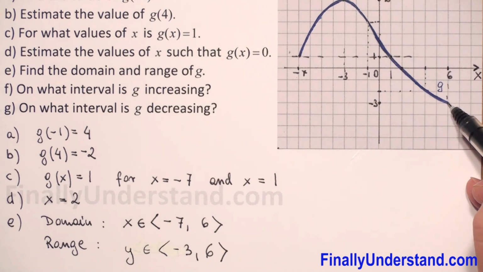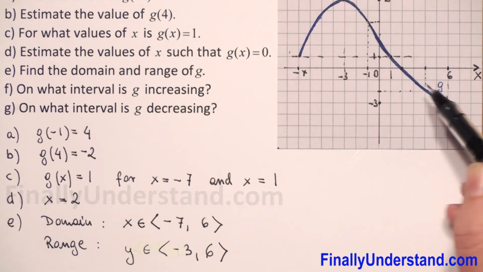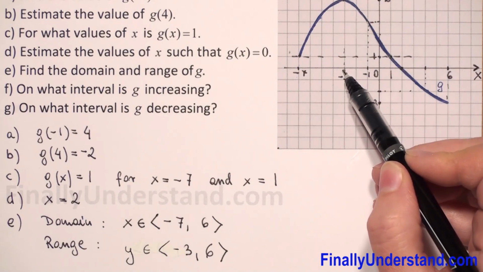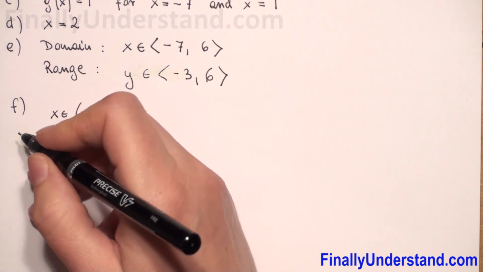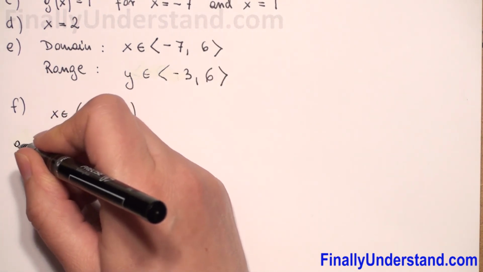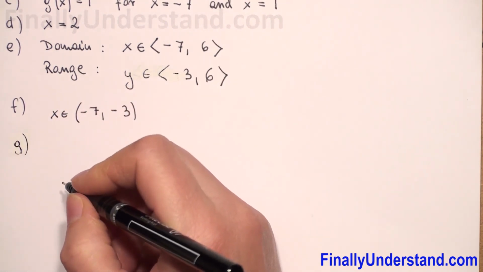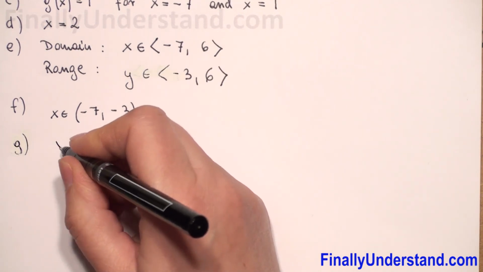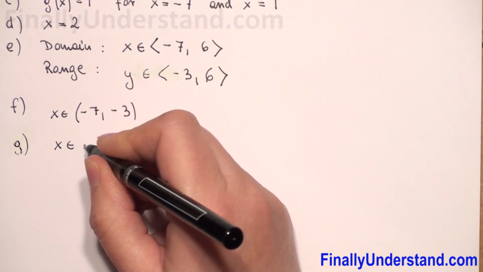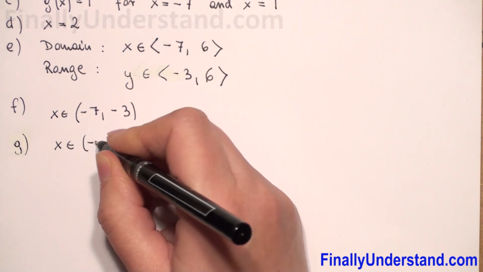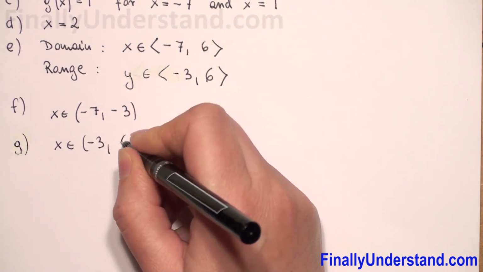Now we have to just read for what x our function decreased from -3 to 6. So we can write the answer for g. Our function decreases for x from -3 to 6.